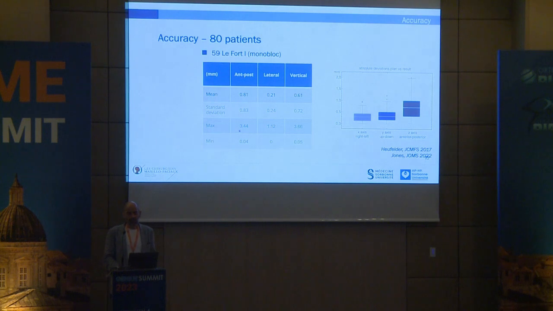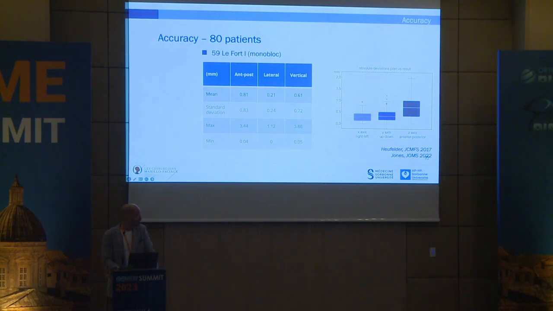Now, of course, the mean is important, but there may be a very high standard deviation. Here, standard deviation is actually not very poor, quite the opposite. You see that the standard deviation is limited, and it's less than 1 millimeter.